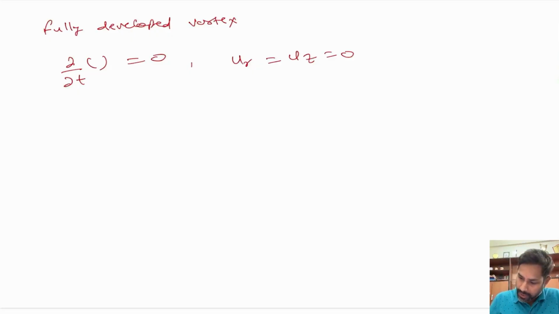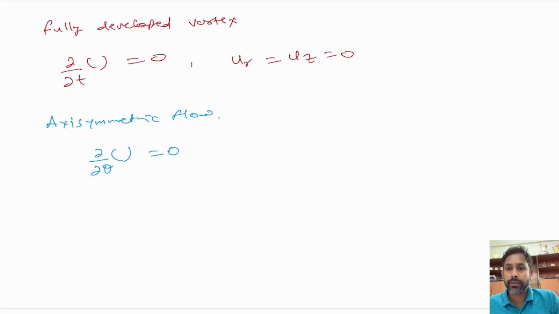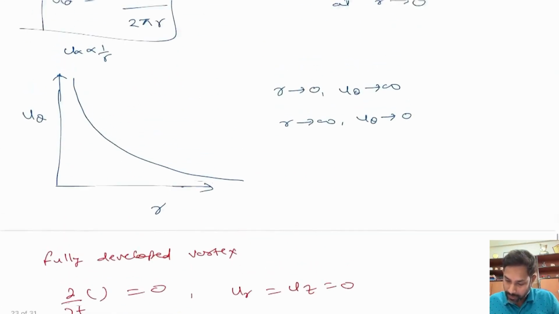Okay, and now there is axisymmetric flow. Let's assume symmetric flow. That means your derivative d by d theta will be equal to 0, but your u theta itself is not 0, because there is angular velocity, right? And that is something we already saw.